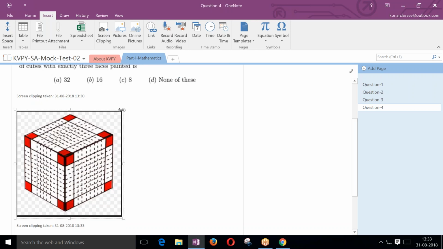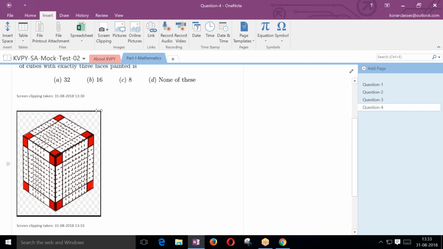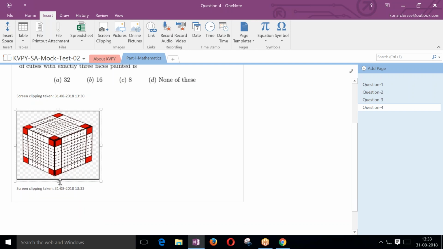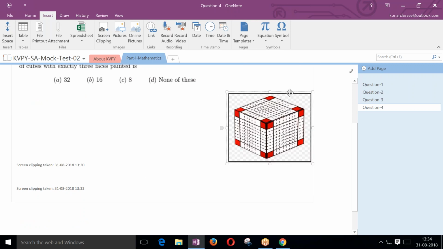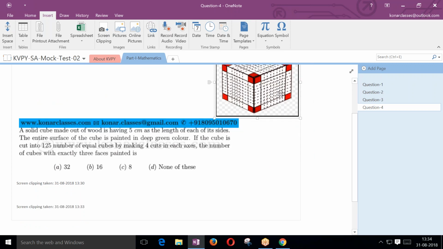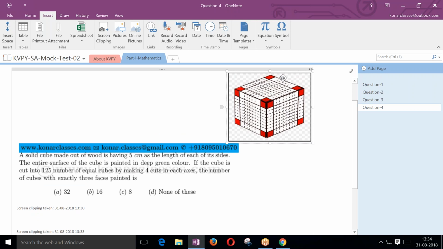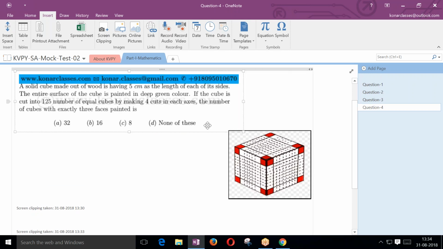Let me make it narrow a little bit. Yeah, so look here.